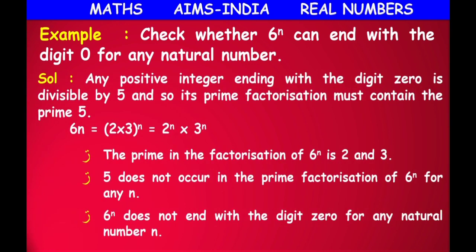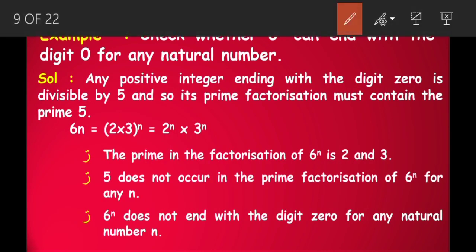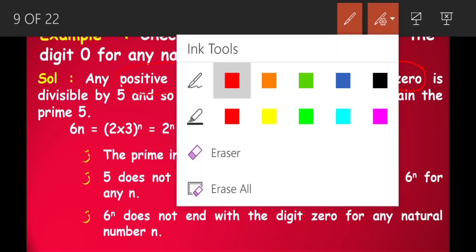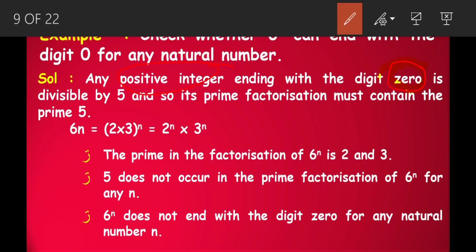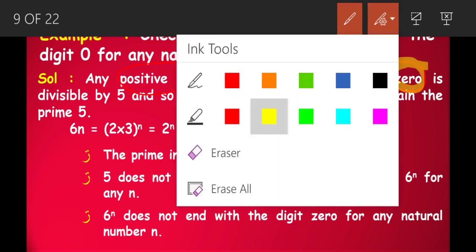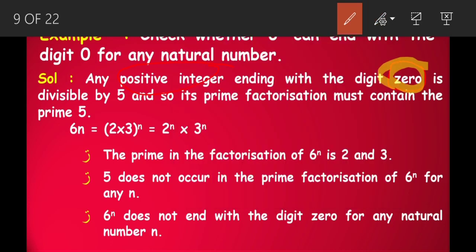So let's see the solution. Here, any positive integer ending with digit 0 is divisible by 5.